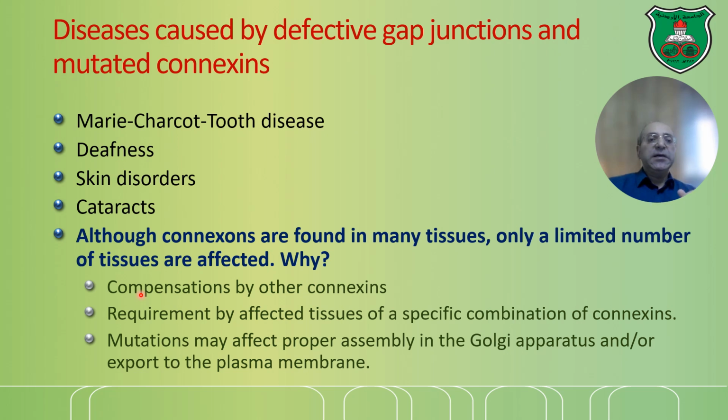Something else is that the affected tissue requires this particular connexin, but the other tissue may not require that connexin. It doesn't play a major role. It doesn't have a strong functional purpose in that tissue.